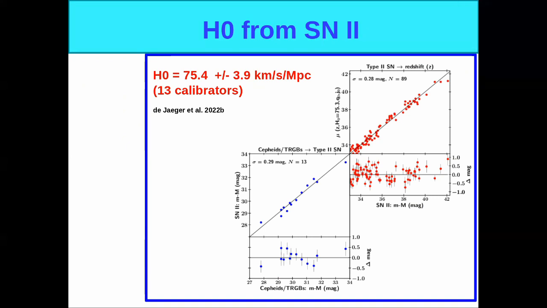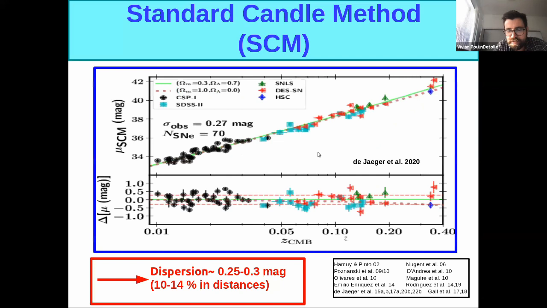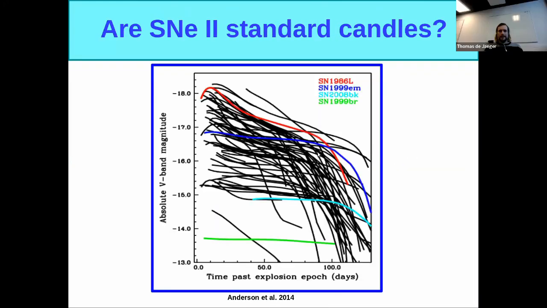Vivian? Hi. You mentioned that there were supposed to be many more type 2 supernovae, yet you presented results with only a handful compared to type 1a, like 30 or even only 6 or 7 in the latest case. Is there a fundamental reason?